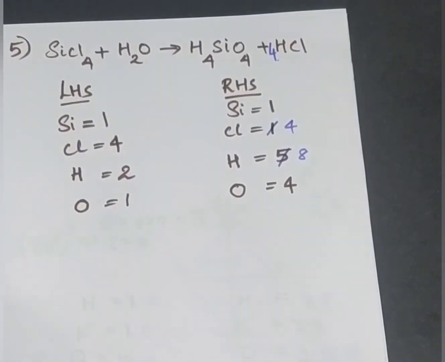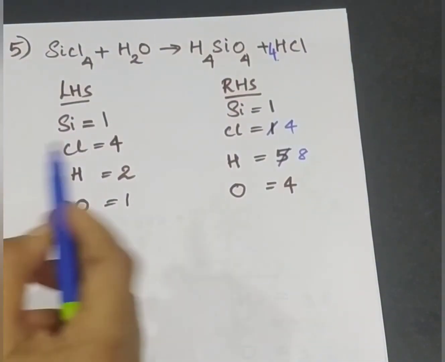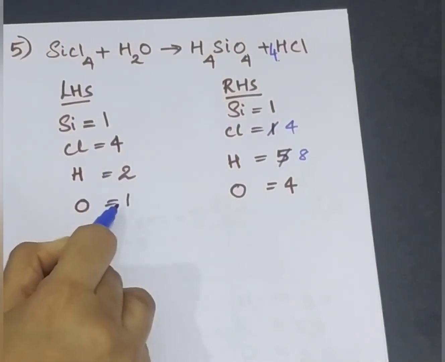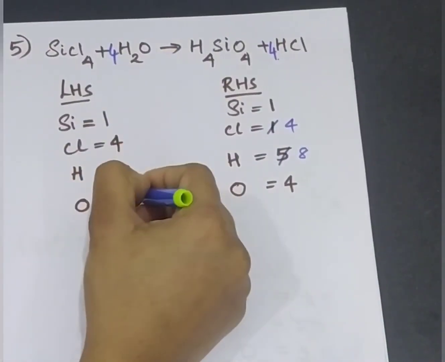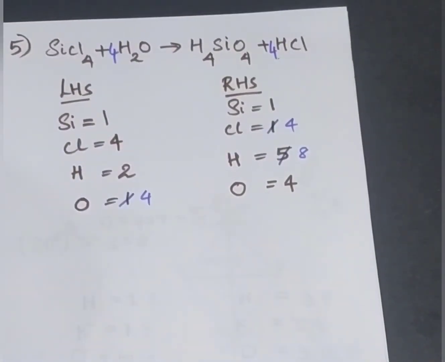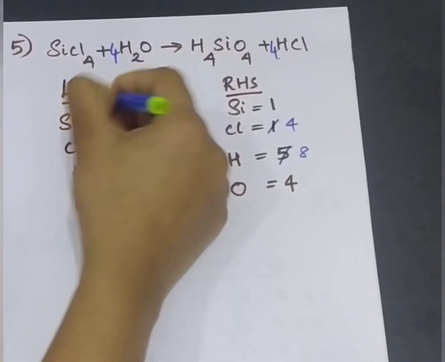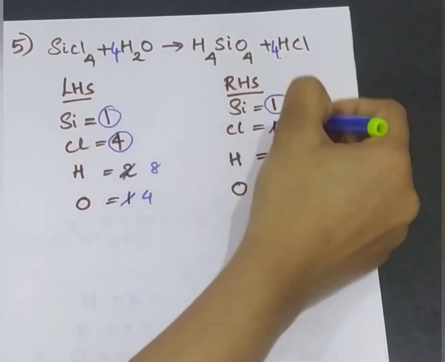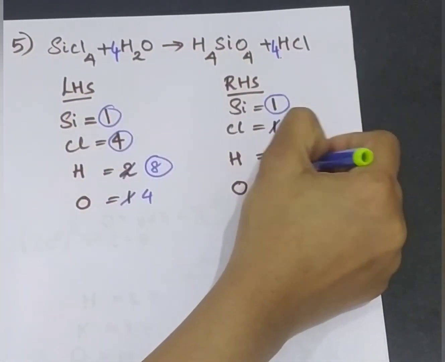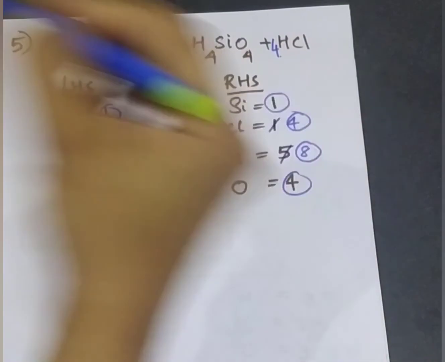Now see, oxygen needs to be balanced again. So oxygen is 1 here and there 4. So you simply put 4 there. If you put 4 H2O, oxygen becomes 4, and hydrogen becomes 8. Now everything is balanced. Silicon 1, chlorine 4, hydrogen 8, and oxygen 4.